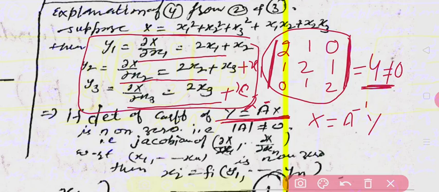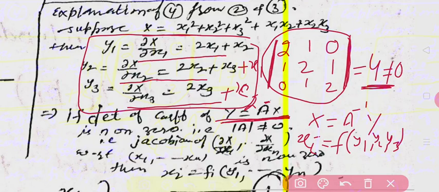That means this xi will be a function of y1, y2, y3, ..., yn. I mean y1, y2, y3. For this case, you can say xi is a function of y1, y2, y3, for i varying from 1 to 3, meaning x1 is also a function of y1, y2, y3, x2 is also a function of y1, y2, y3, and x3 is also a function of y1, y2, y3.